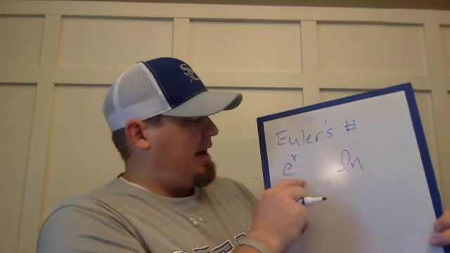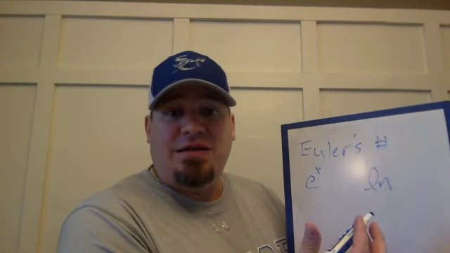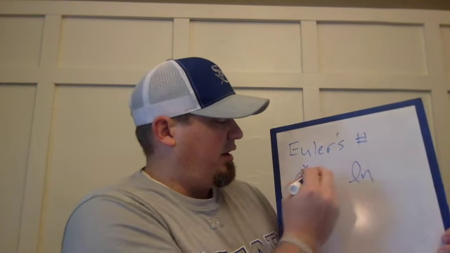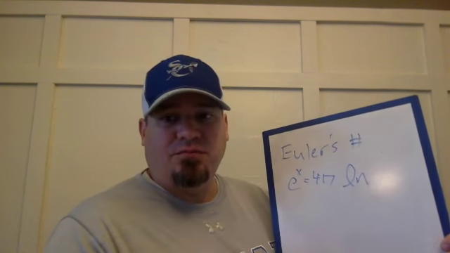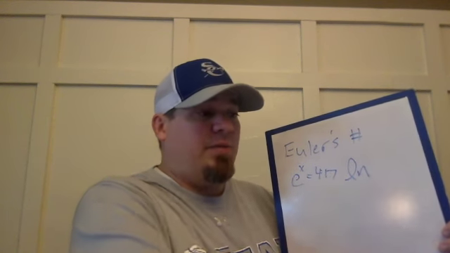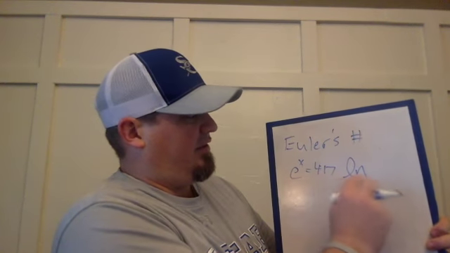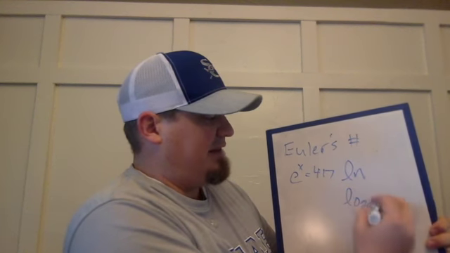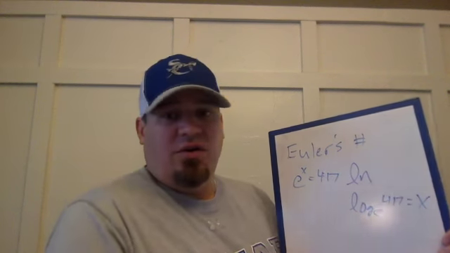So anytime I have something like this and I want to find out, let's say I'm given a problem on the ACT where it says e to the x equals 417, let's say. Okay, that's just a random number I picked out of the air. I can hit the ln on my calculator because basically this is saying, natural log is saying, a log base e of my number 417 equals x.